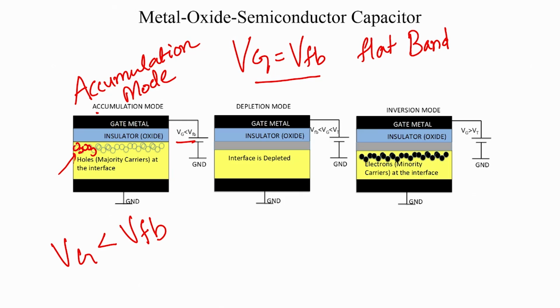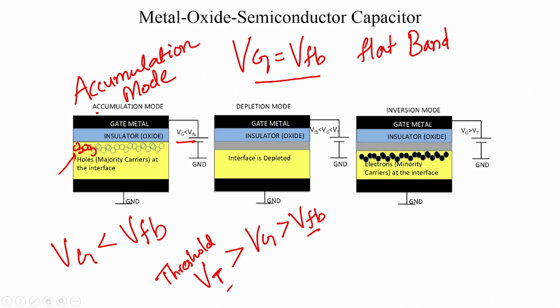And then let us say we start making Vg greater than Vfb, but we are still less than Vt. Vt is our threshold voltage. So, Vg is sitting somewhere between Vfb and Vt.